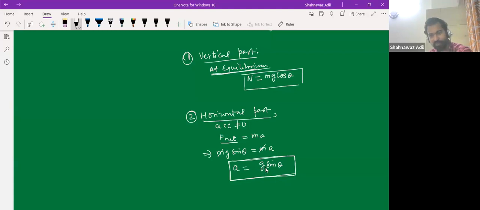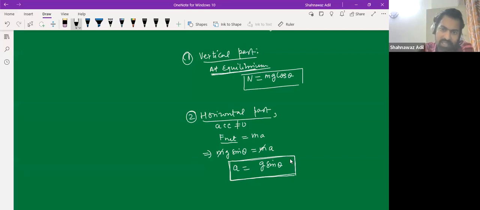No, sir. So whatever object you put on that inclined plane, all the objects will have the same acceleration. That will not depend upon the mass of the object. Understood? They will slide with the same acceleration. That is what this result is about.